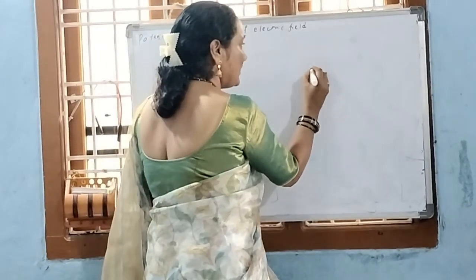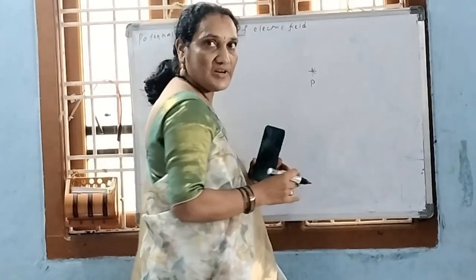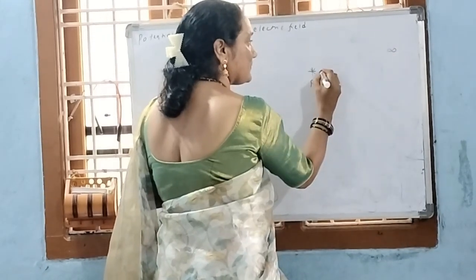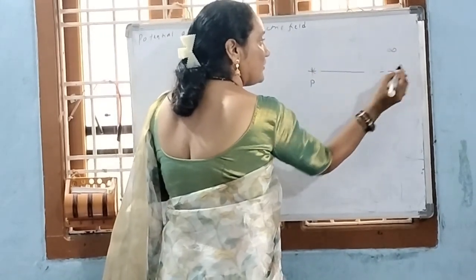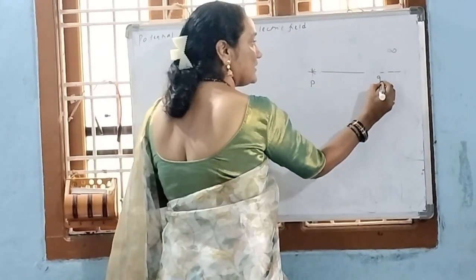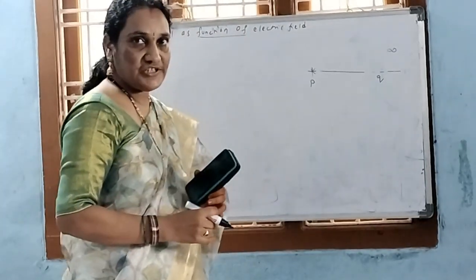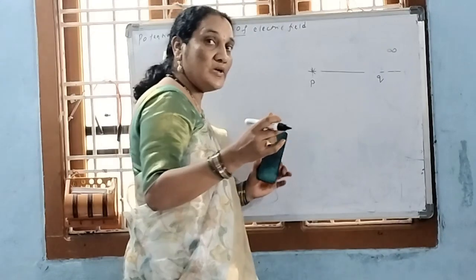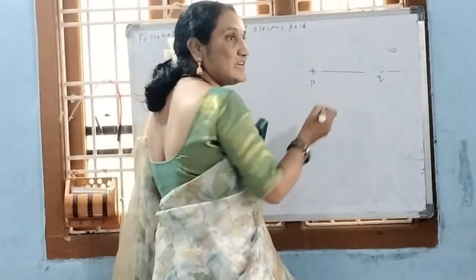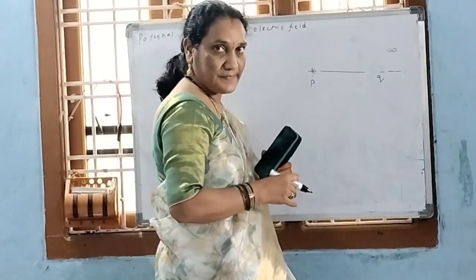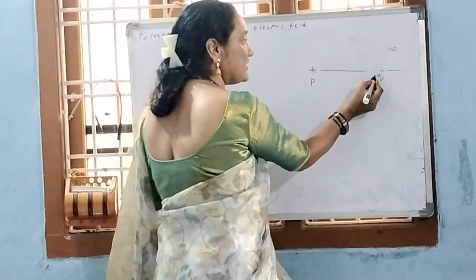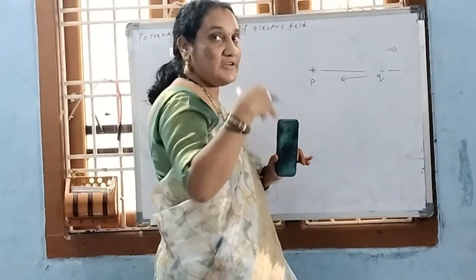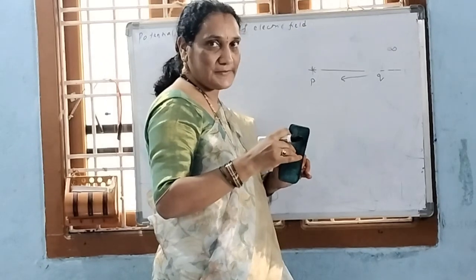Now, let this be the reference point. From infinity, we have to bring a unit positive charge towards the reference point, against the conservative field. Against the field, we have to bring this unit positive charge from infinity to the reference point.